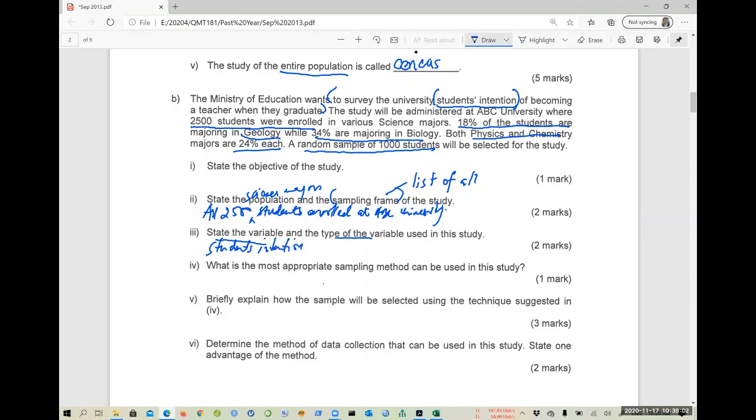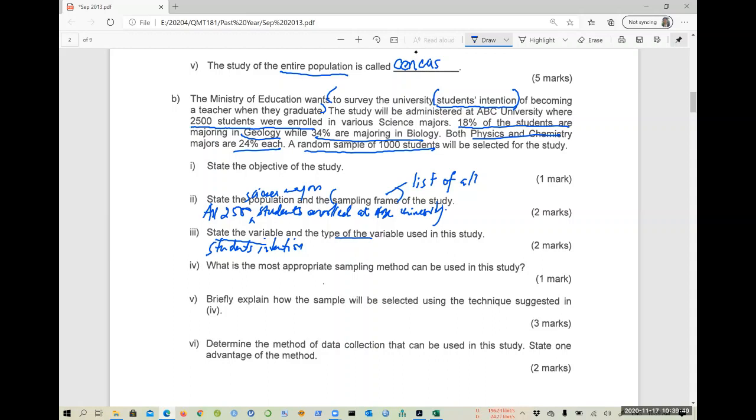Okay, and what type of variable? In this case, it will be in the form of whether they want to be a teacher or not. So yes or no. So this is a nominal variable. So you are looking at the type, right? You have only two types: qualitative or quantitative.